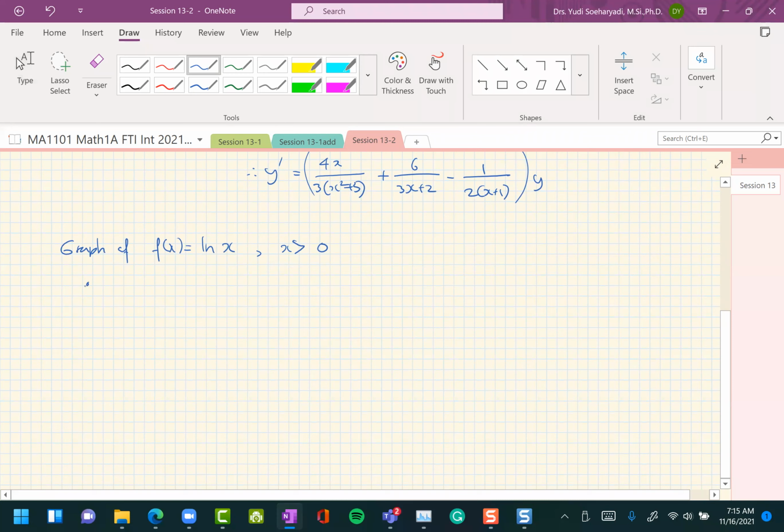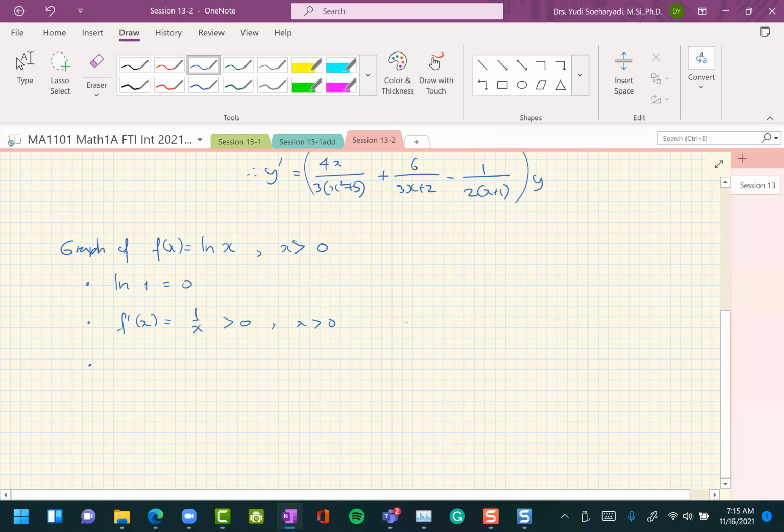We know that ln of 1 is 0, so that's the x-intercept. Then let's take the derivative. f prime is just 1 over x. Because x is positive, 1 over x is also positive for all positive x. So it's going up, monotonically increasing.